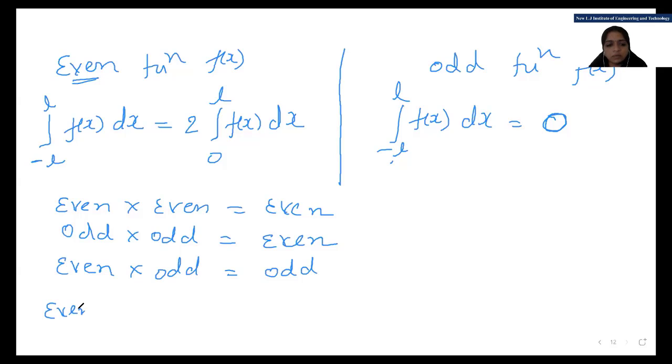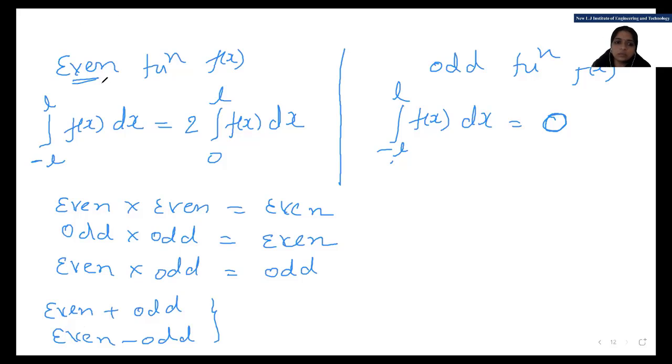For even plus odd or even minus odd, we can't say. It will be neither even nor odd function.